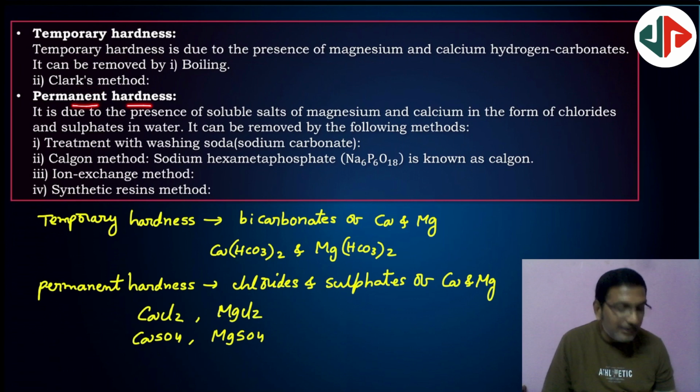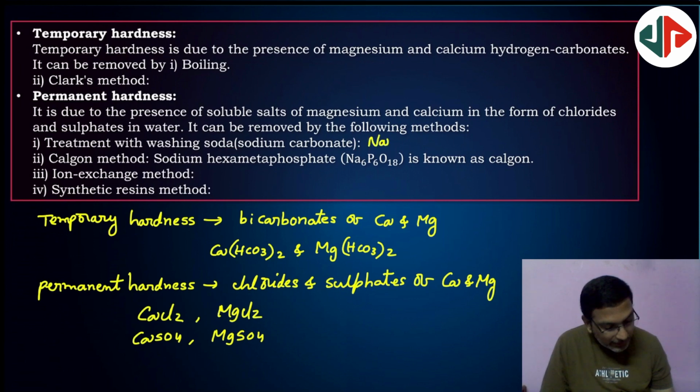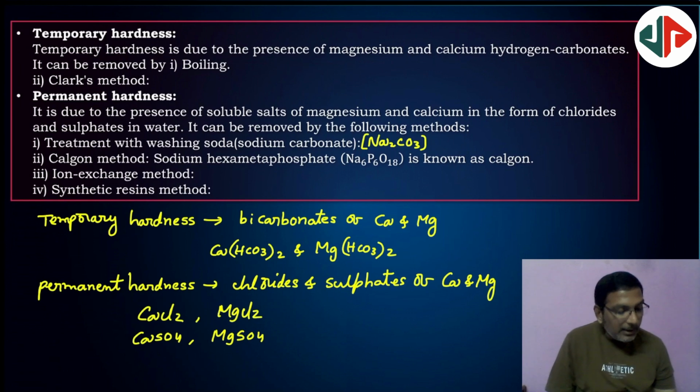Next, permanent hardness, due to the presence of chlorides and sulfates of calcium and magnesium, can be removed by washing with Na2CO3, sodium carbonate, and Calgon's process. Calgon is sodium hexametaphosphate. Next, the ion exchange process or synthetic resin method. Here are the different types of hardness and their removal.